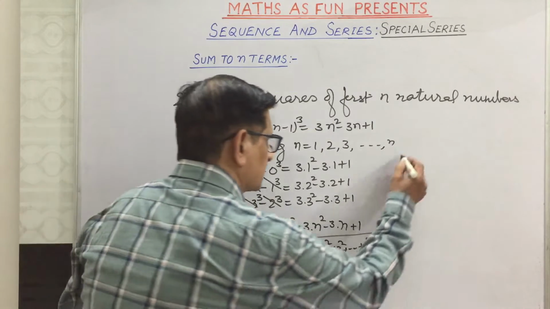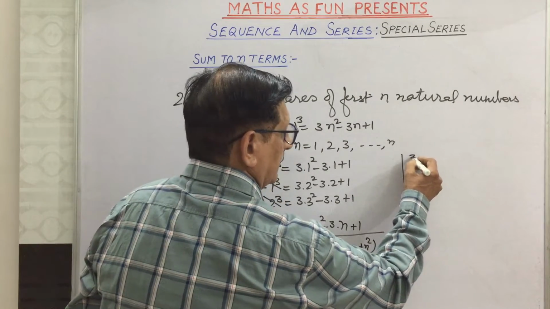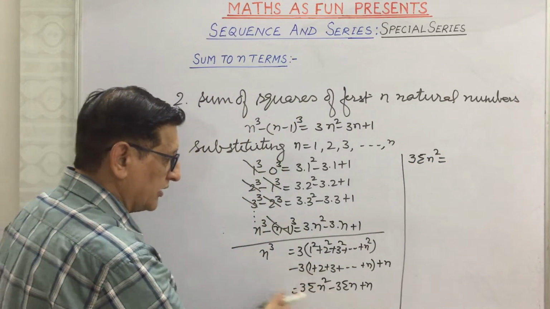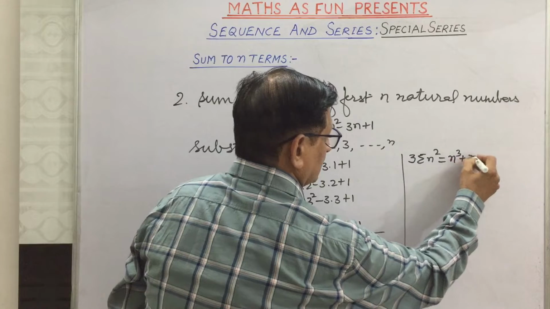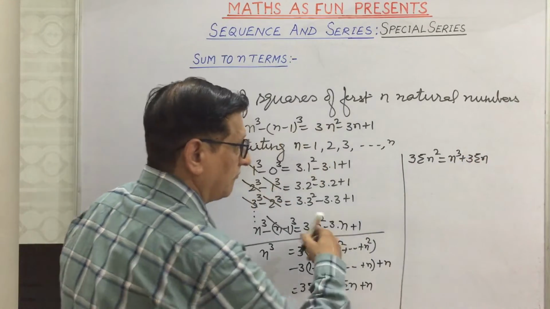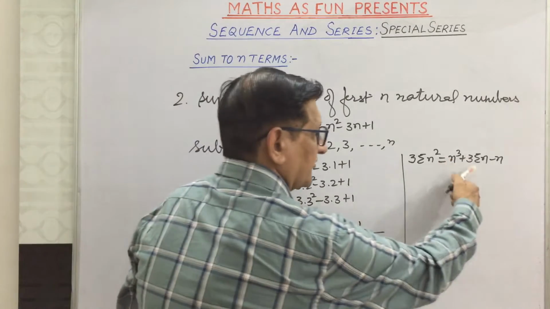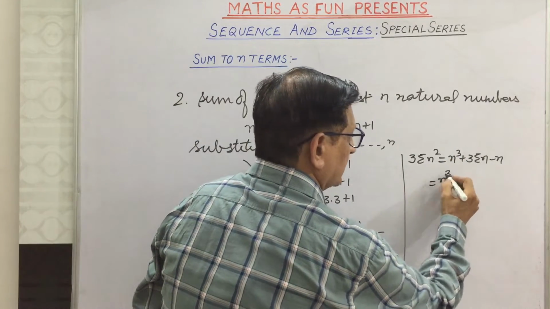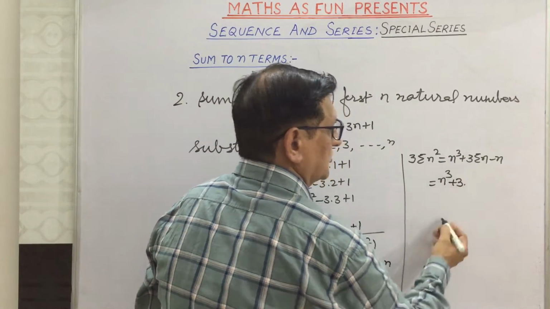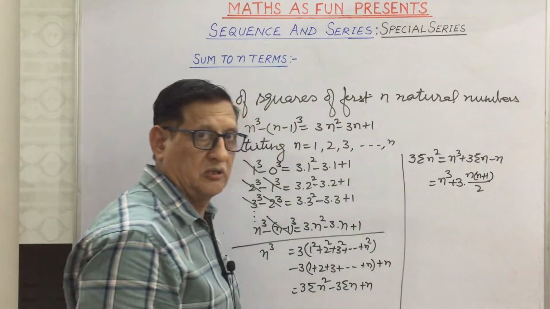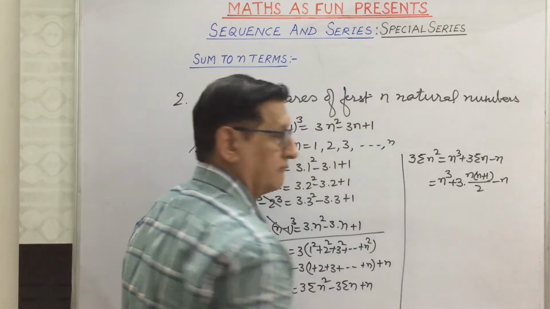If we transpose the terms, we will be getting here 3 into sigma n square is equal to n cube plus 3 into sigma n minus n. We know the value of sigma n, so we substitute here n cube plus 3 into the value, n into n plus 1 by 2, minus n.